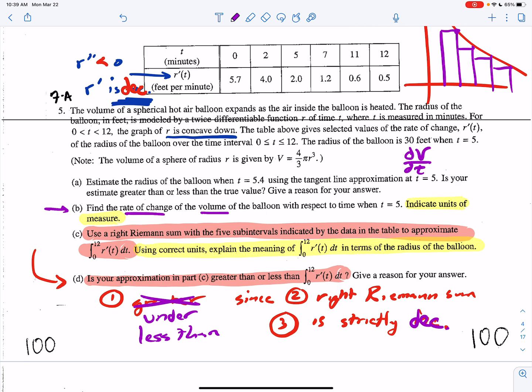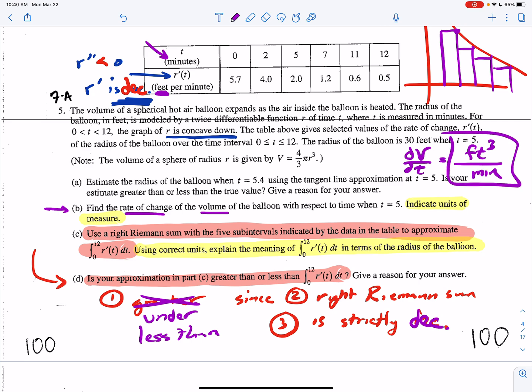Okay, rate of change just means derivative, right? So that's dV over dt. How do we measure volume, right? Volume is measured in cubic units. So in this case, I see feet in the problem. So this is cubic feet over, and how do we measure time here? Time is measured in minutes. So this is cubic feet per minute.